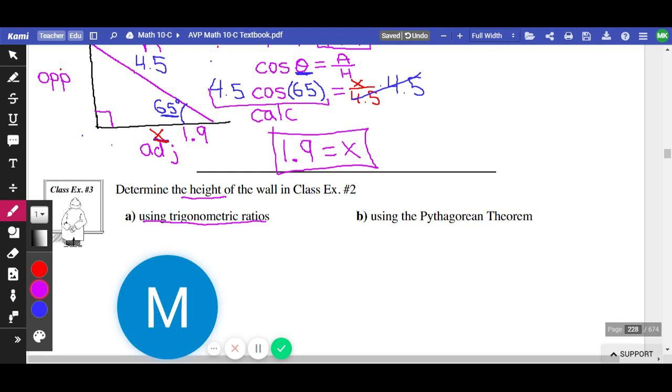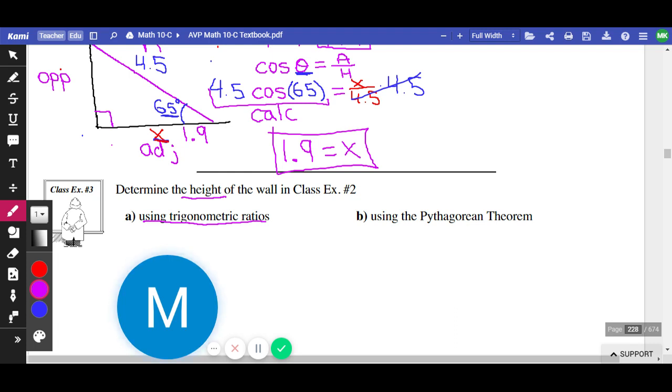We're going to use the info that they gave us rather than the info we calculated. The reason why I think that's a smart move: if we screwed up calculating the adjacent and then we use that answer to calculate something else, we're going to screw up twice, right? And our screw up's just going to keep happening down the line. If I only use numbers they gave me, then I know I'm right. So I'm going to pretend I don't even know the adjacent still.